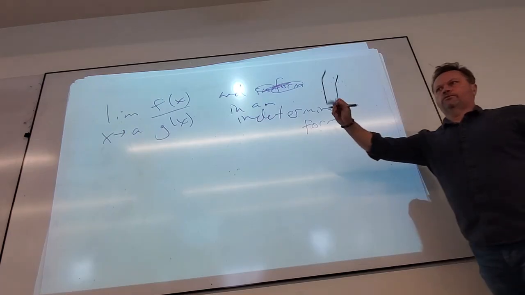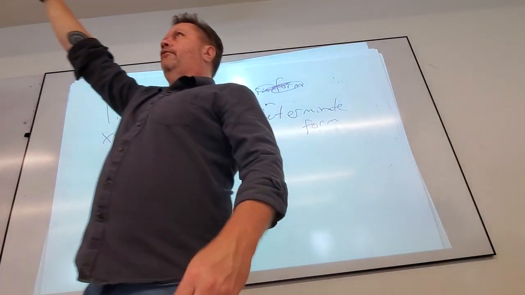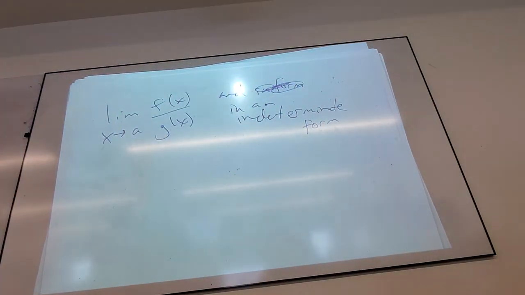L'Hôpital's rule comes into effect when I have the limit of a ratio and it's in an indeterminate form. We know two indeterminate forms, yes? 0 over 0, infinity over infinity.